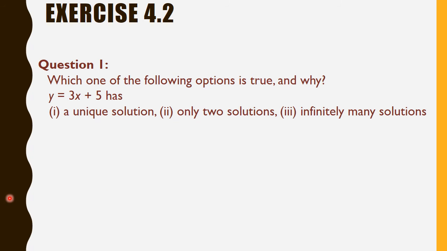Exercise 4.2. Question number 1 says, which of the following options is true and why? y equals 3x plus 5 has a unique solution, only two solutions, or infinitely many solutions?